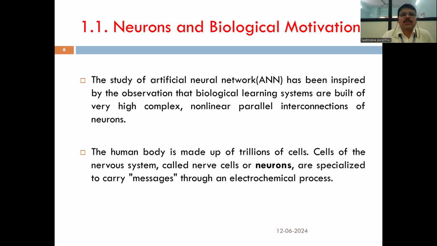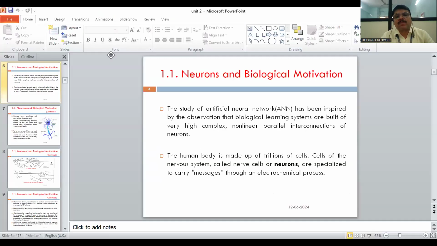So, neurons and biological motivation. The study of artificial neural networks has been inspired by the observation that biological learning systems are built of very complex webs of interconnected neurons, highly complex, non-linear, parallel.